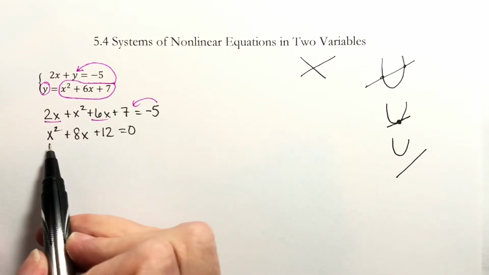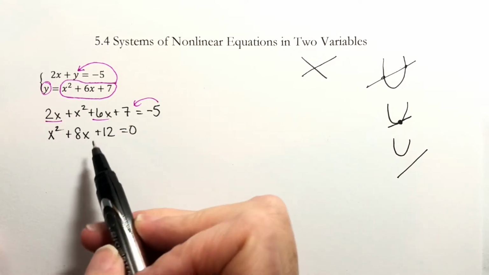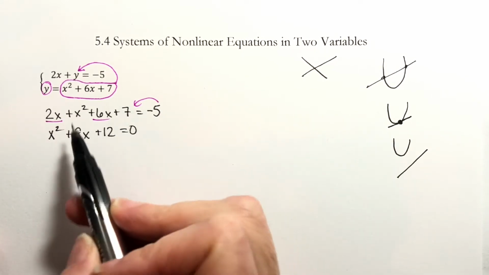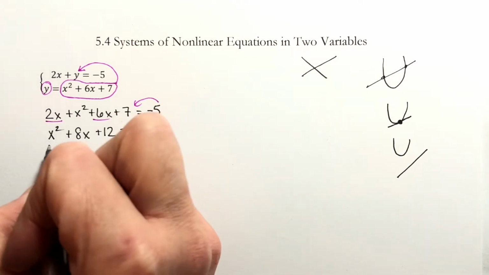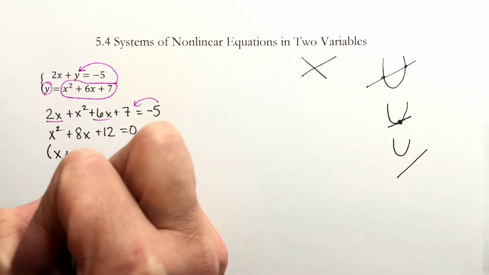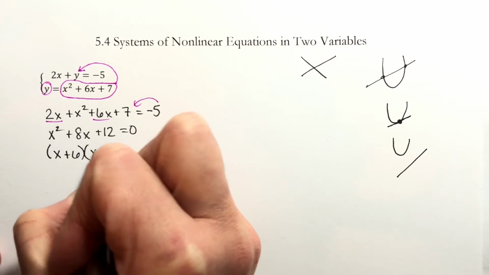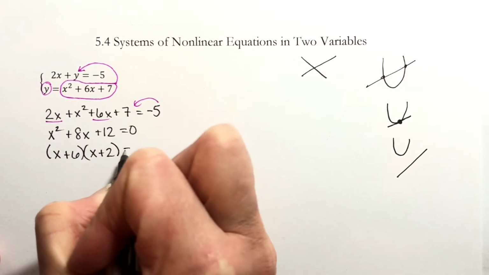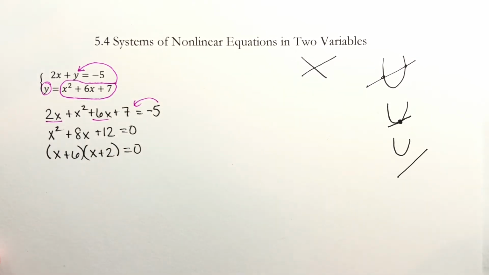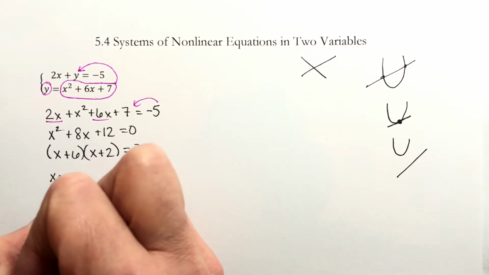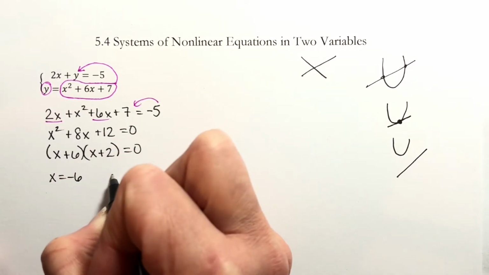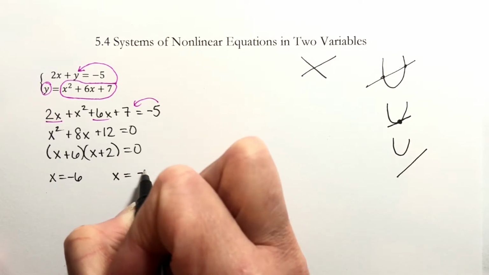Now, this can be factored. If I think of two numbers that multiply to 12 and add to 8, positive 6 and positive 2 will work. So this factors as x plus 6, x plus 2 is equal to 0. Setting each of these equal to 0, I get x equals -6 and x equals -2.